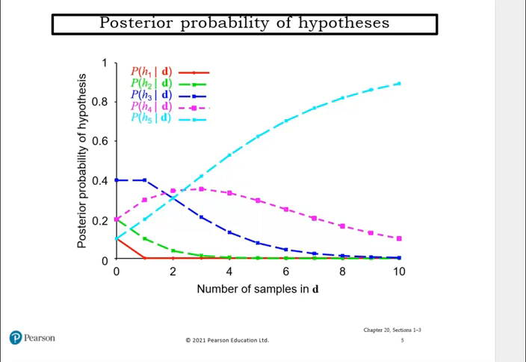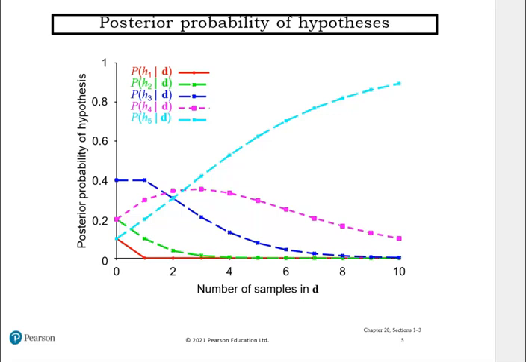Why? Because as you collect more data, the evidence from the data is strong enough to swamp the prior distribution over the hypotheses. So that means that maximum likelihood learning is a good approximation to Bayesian and MAP learning with large data sets, but it has problems with small data sets.